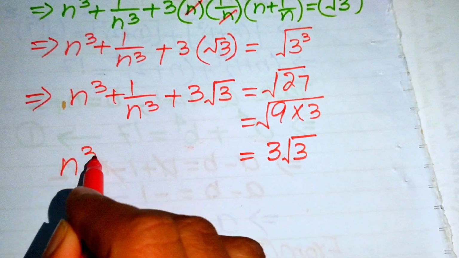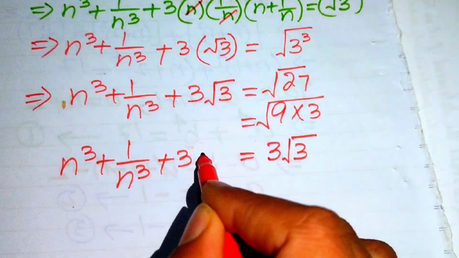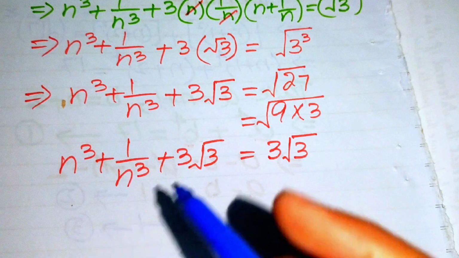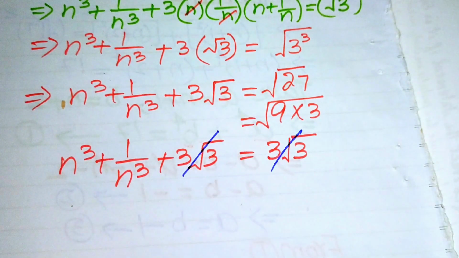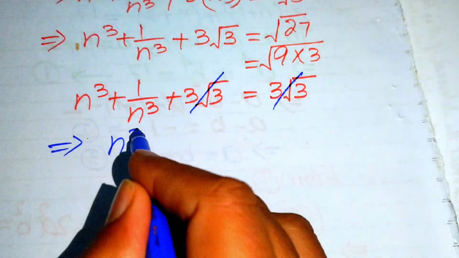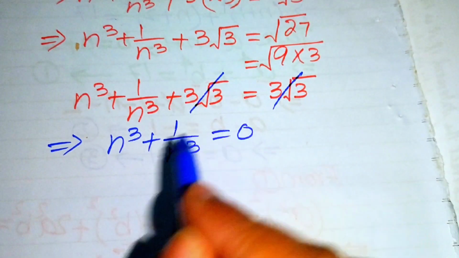In the left hand side we have n cubed plus 1 over n cubed plus 3 times square root of 3. Now focus on both sides and you see that this term is cancelled on both sides, and this implies that n cubed plus 1 over n cubed equals 0.